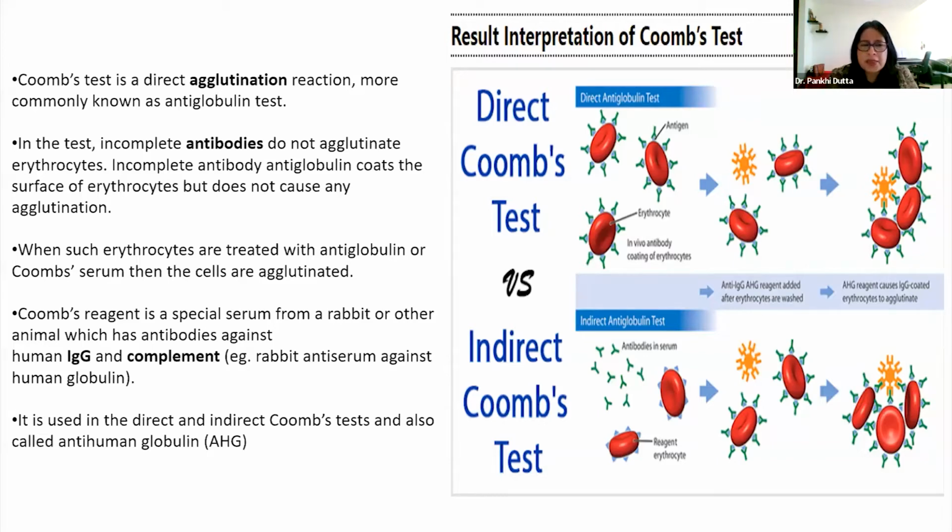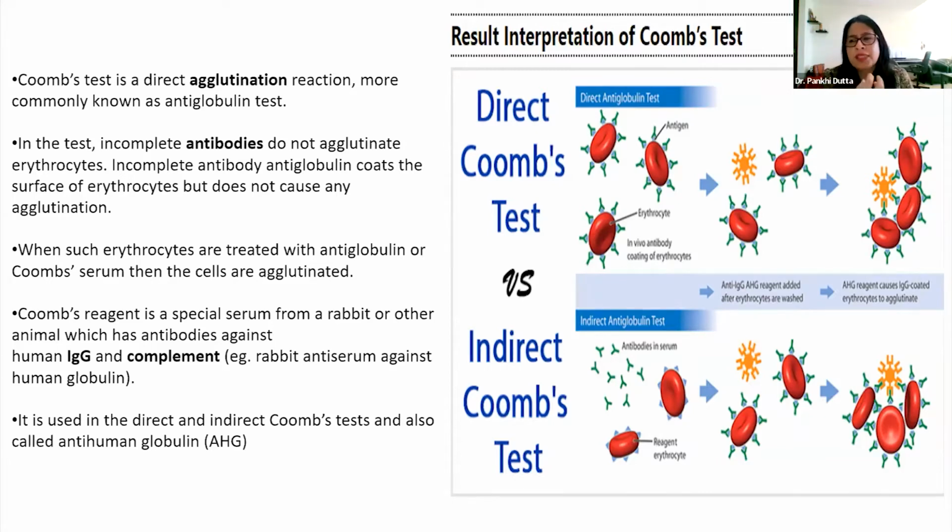So the basic principle is that there are some antibodies which are formed against the RBCs, but they cannot cause agglutination because they are not large enough or they are not too many, but they are coating the RBCs. And so we treat these RBCs with an antibody against these antibodies. So Coombs reagent is a special serum from a rabbit or some other animal which has been immunized against human immunoglobulin.